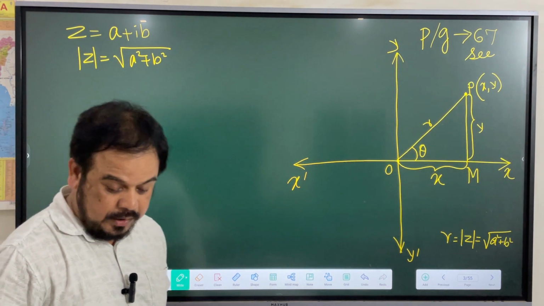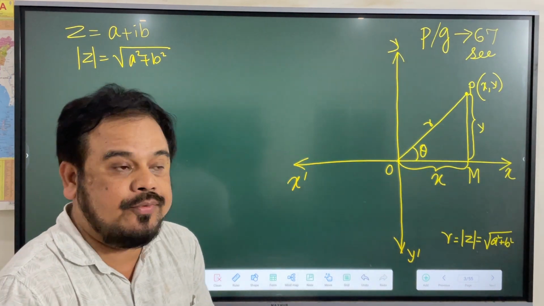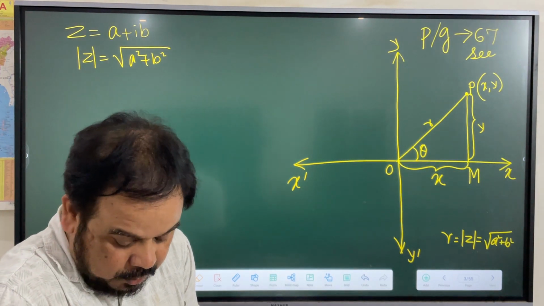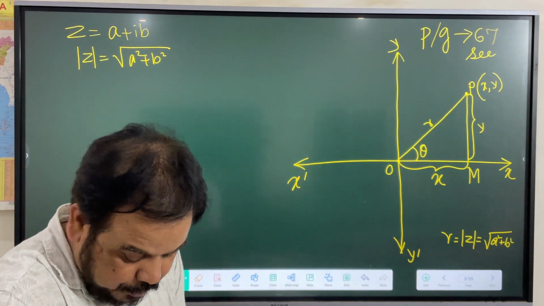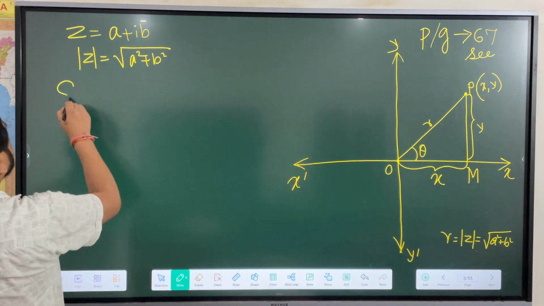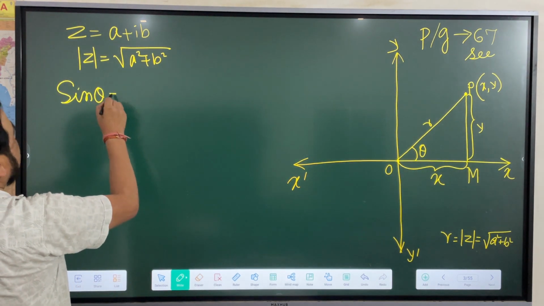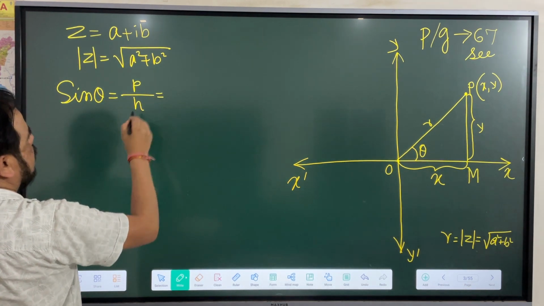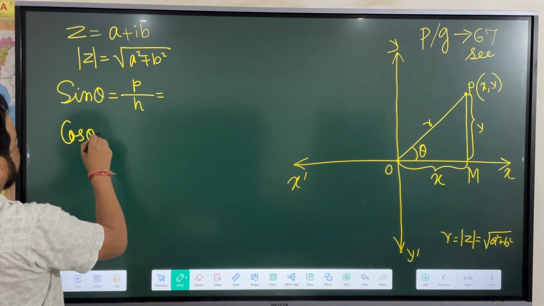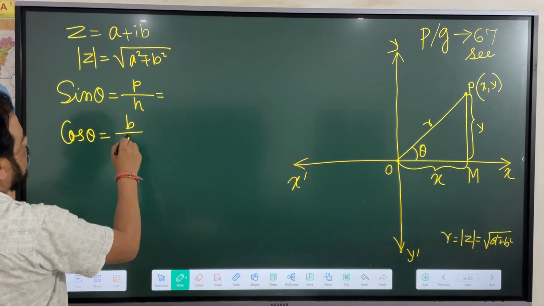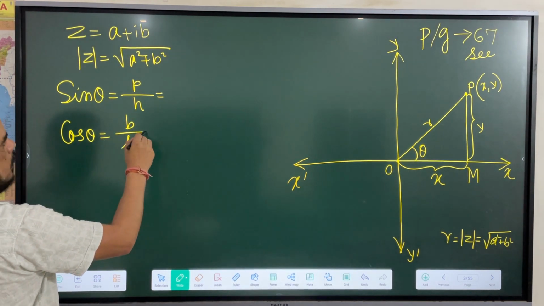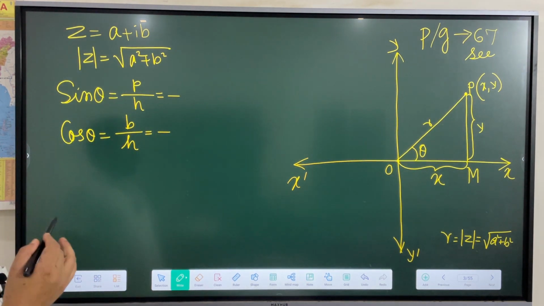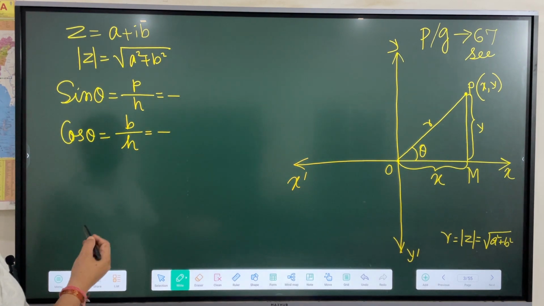Now we will find out the sine of theta, cos of theta, and later on tan theta. Sine of theta is equal to, some people have a way to remember it. Why do I repeat? Because you can understand, you can take it in your brain, make it simple.